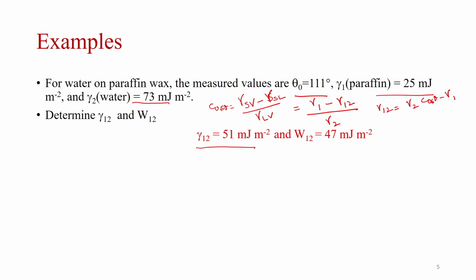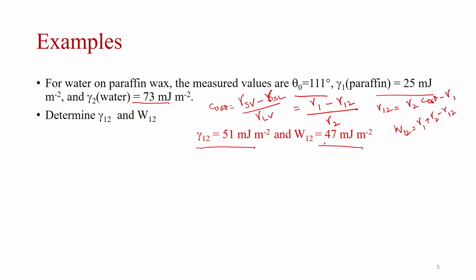Once we have calculated gamma 12, we can easily calculate the work of adhesion. W12 will be gamma 1 plus gamma 2 minus gamma 12, so it will be 25 plus 73 minus 51, which comes out to be 47 millijoule per meter square.